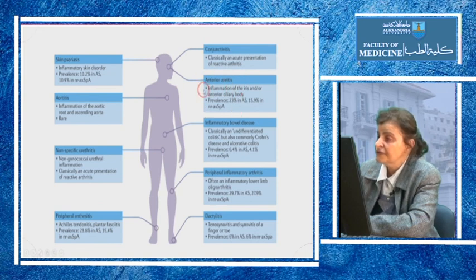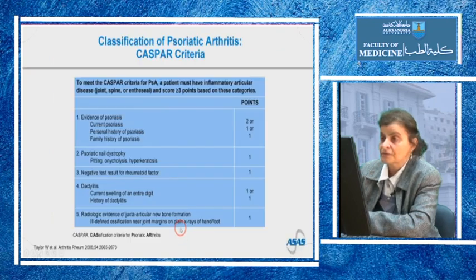Anterior uveitis is very, very important. It may be a presenting feature in many of our patients. Inflammatory bowel disease, peripheral arthritis. Often it's lower limb affection, often it may be oligoarthritis, and also dactylitis is another manifestation.